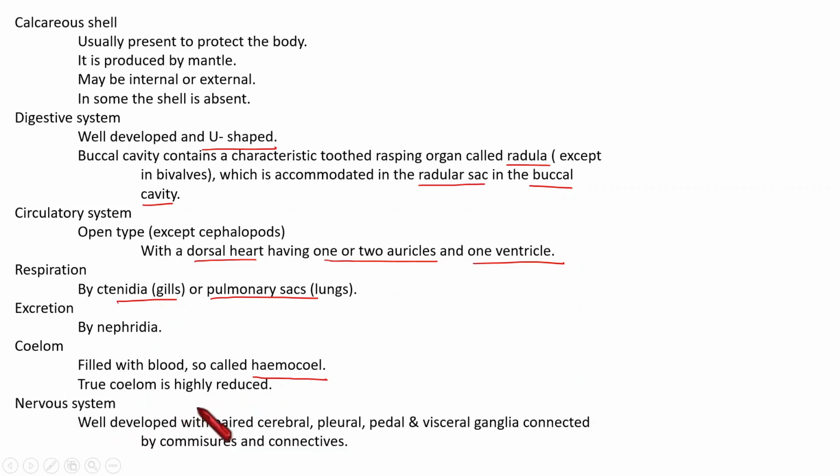The nervous system is of a peculiar type, well developed with paired ganglia. The nervous system consists of ganglia, meaning a collection of nerve cell bodies. So think that these are all ganglia. They are all paired. And these paired ganglia are connected to each other.